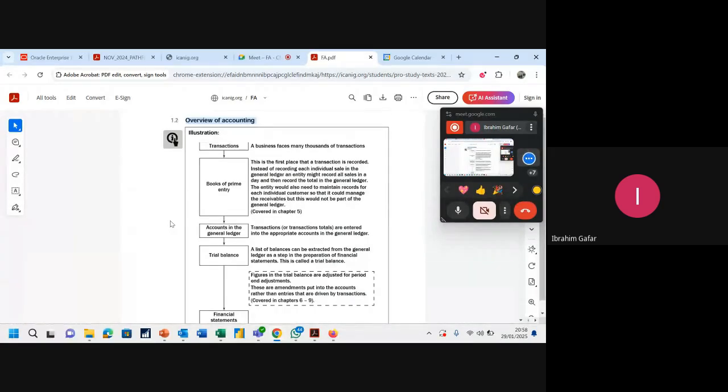A business faces many thousands of transactions, from inventory to receivables to payables to sales to purchasing, everything that takes money out and brings money in. Even if the money is not physically coming in or going out, the transactions are still transactions.